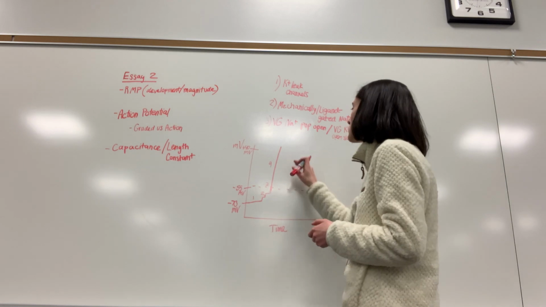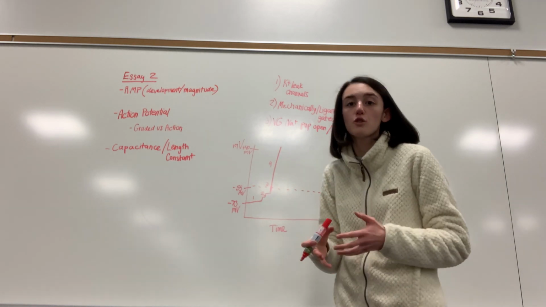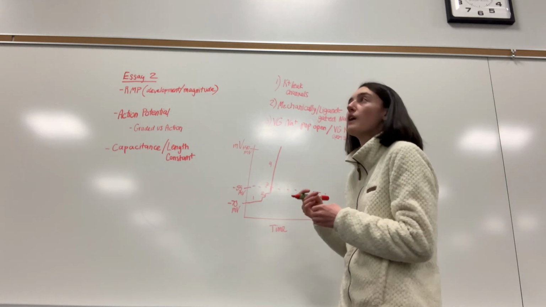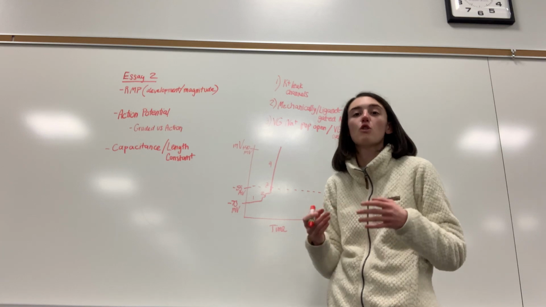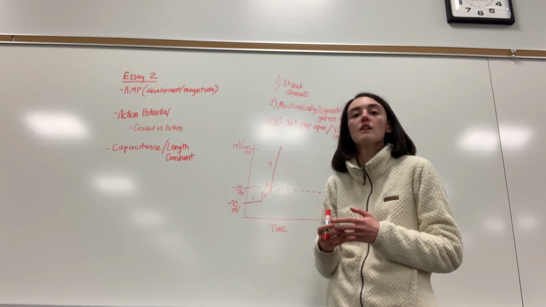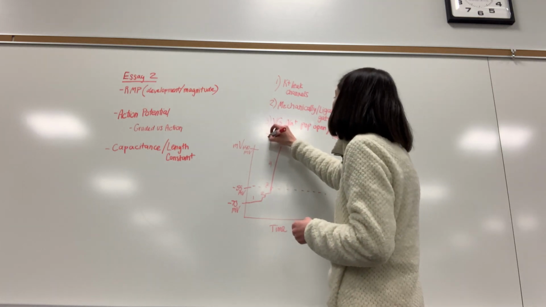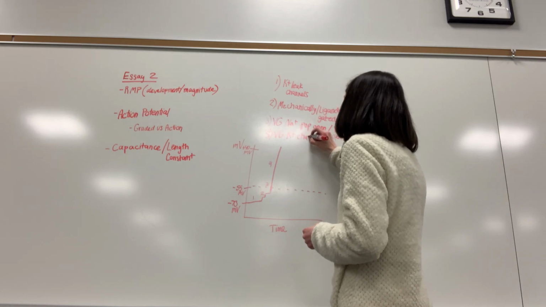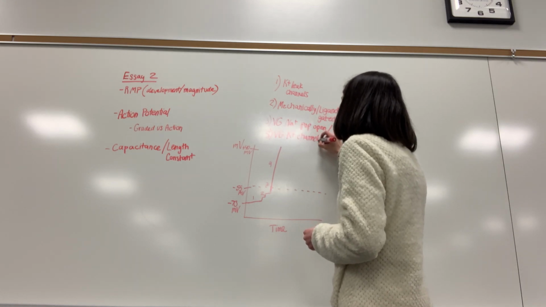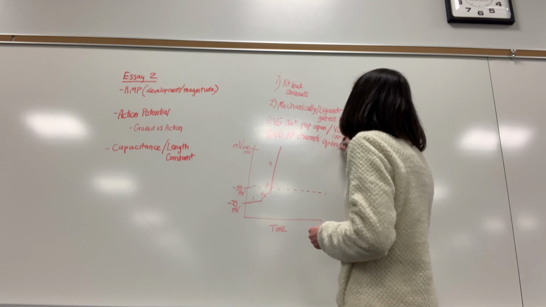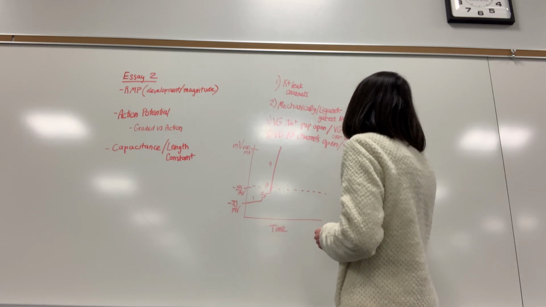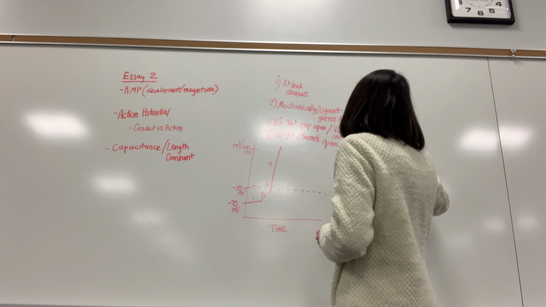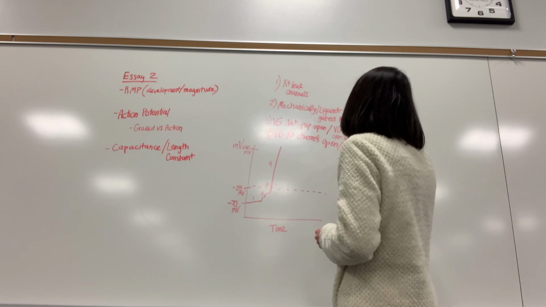Now, when the cell reaches a peak at +40, eventually that cell is going to be so overwhelmed with positive charges that voltage-gated potassium channels will suddenly pop open, while voltage-gated sodium channels will become deactivated.